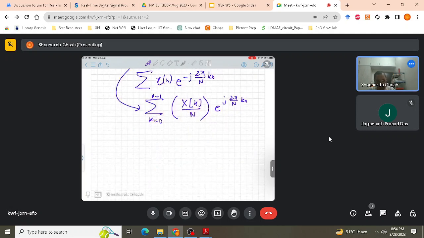Now I do a trick. The trick is very simple, it's nothing but change of variables. I define k prime equal to N minus k. If k goes from 0 to N minus 1, k prime will go from 1 to N. So if k prime is N minus k, this implies k is N minus k prime.